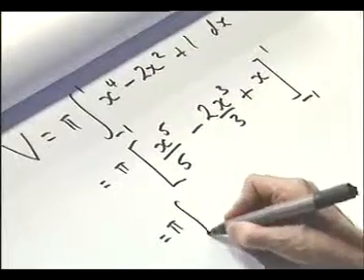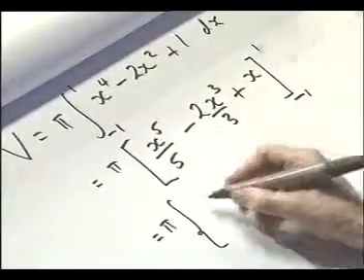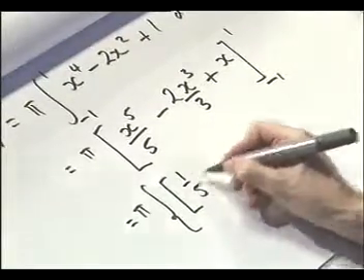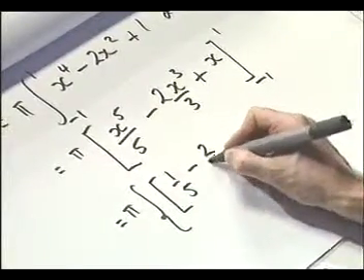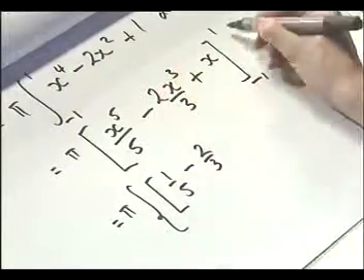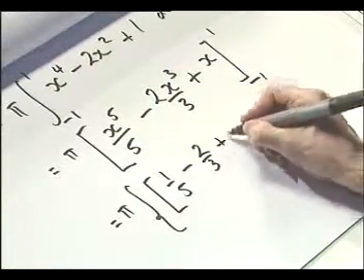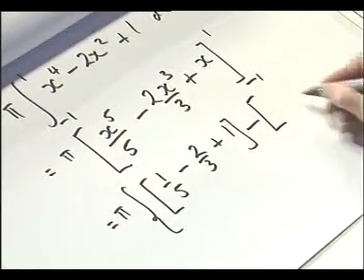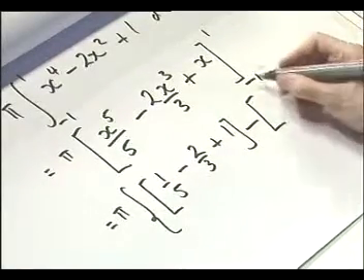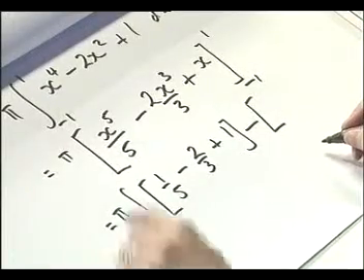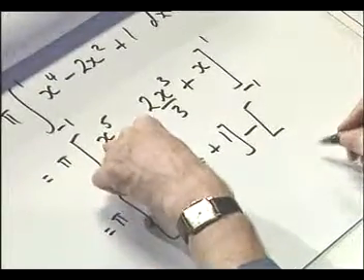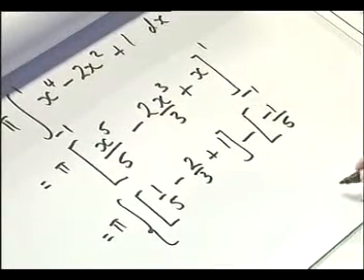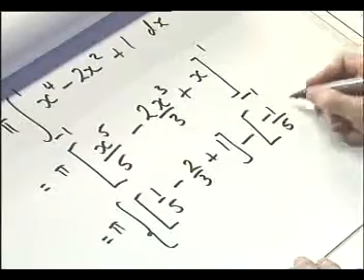Let's substitute in the limits. Take the 1 and we put it in first. That gives us a 5th minus 2/3, because all of these powers of x are just 1, plus 1 minus, now we have to be a bit more careful this time because we've got minus 1. So when we put minus 1 in, minus 1 to the 5th is minus 1 over 5 minus a 5th.